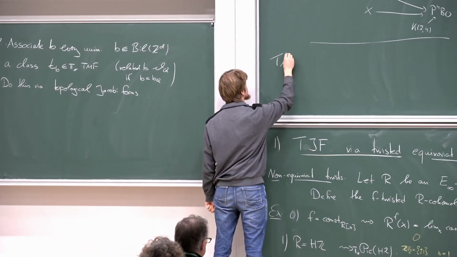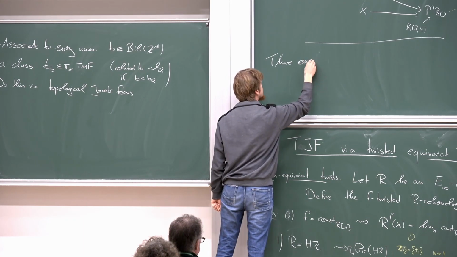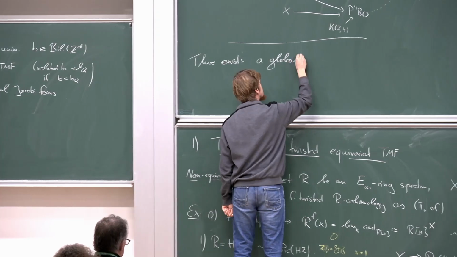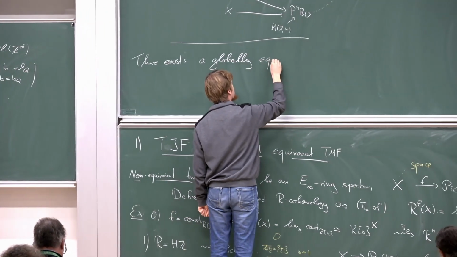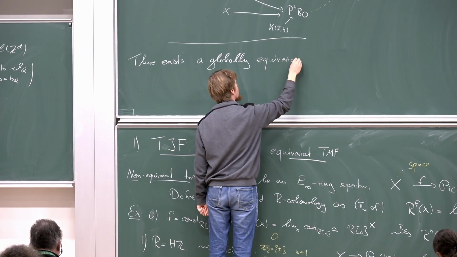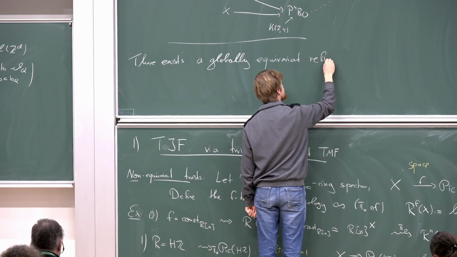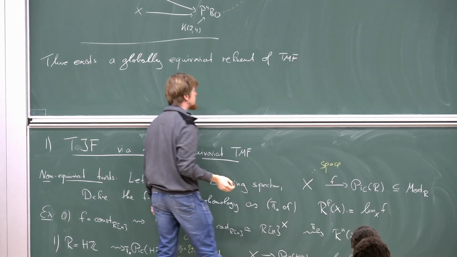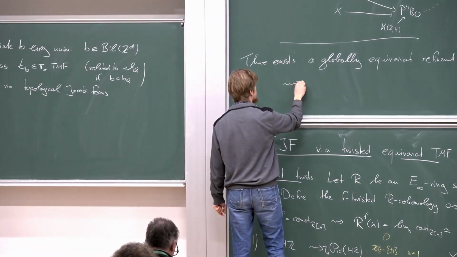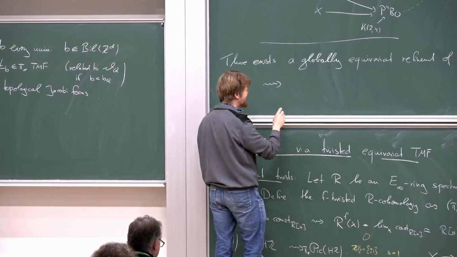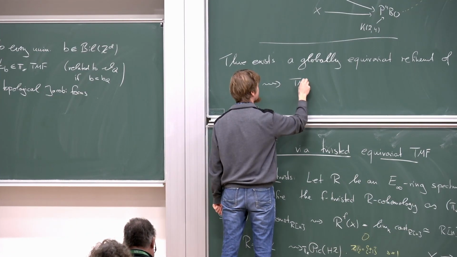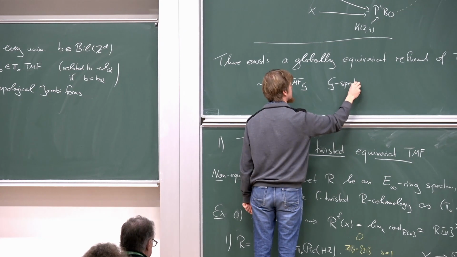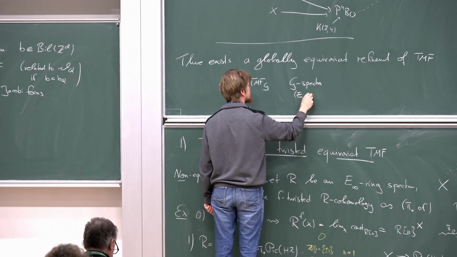So before I can twist equivariant TMF, I should say something about equivariant TMF. There exists a globally equivariant refinement of TMF. So if you're not into globally equivariant yet, this means in particular, and this will be enough for us, the TMF_G spectra, and they're all E infinity rings.